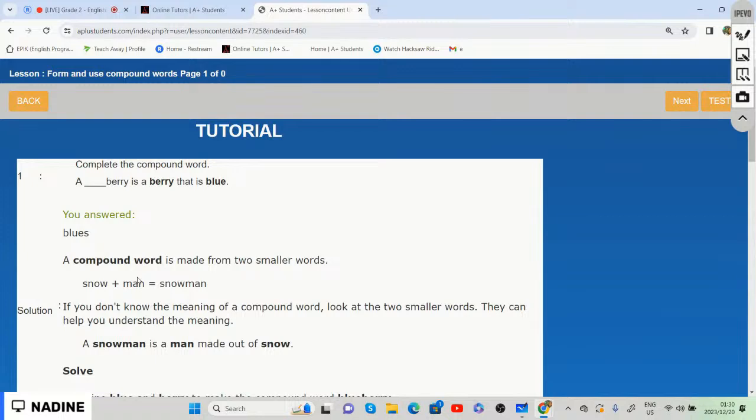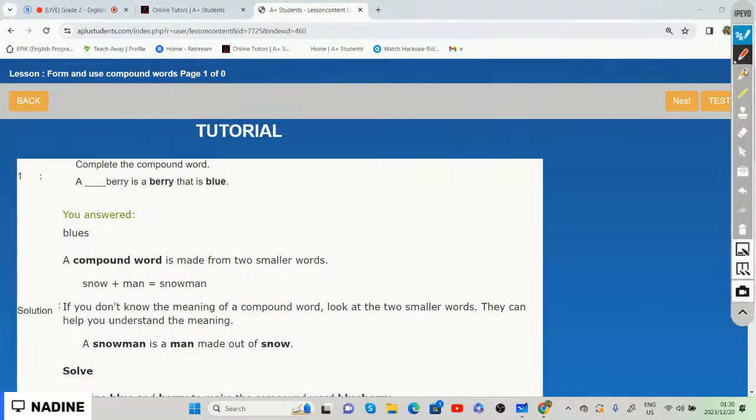So once again, a compound word is made up of two smaller words. And we made an example of snow plus man, which is a snowman. We can even say spider plus man. And what is spider and man?